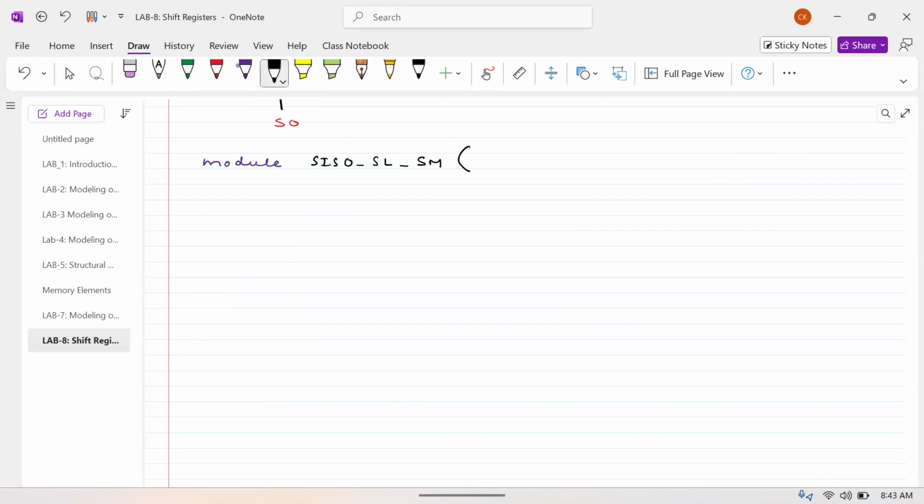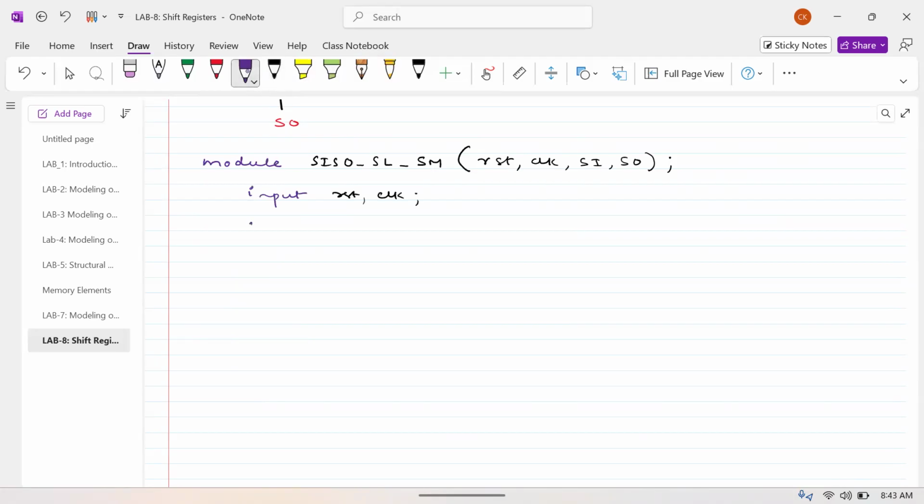What are the inputs here? First of all, let me write RST, clock, serial in, SI, SO. Now, what are the inputs here? Inputs are RST, clock.